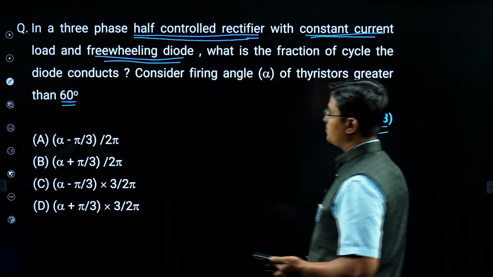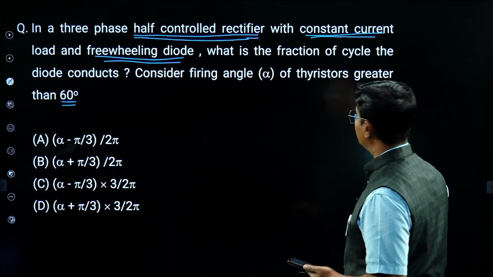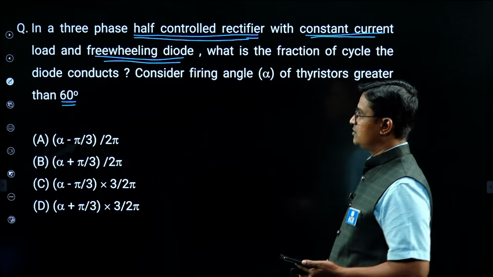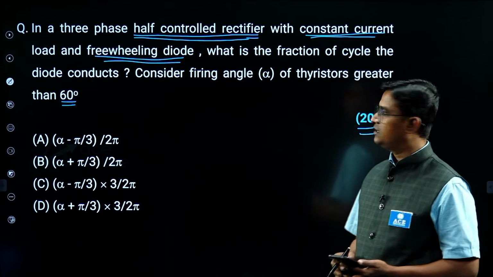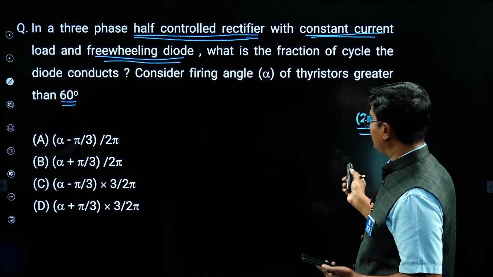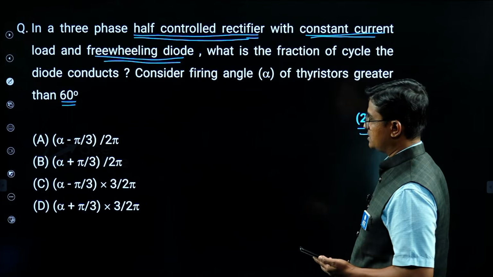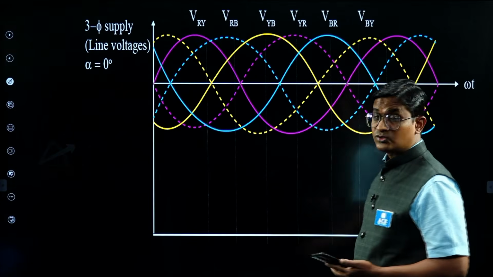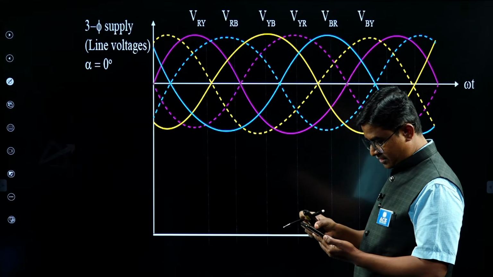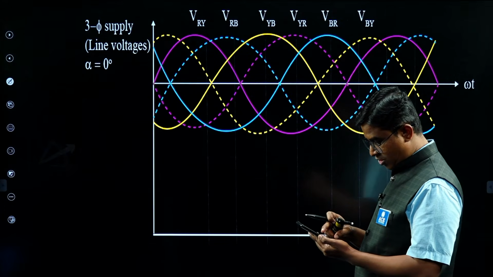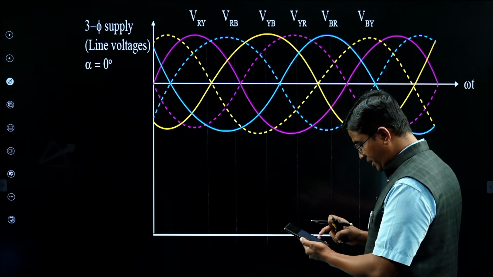What is the fraction of cycle the diode conducts? For how much fraction of the cycle does your diode conduct, they are asking. Alpha is greater than 60 degrees. Three-phase half controlled means three-phase semiconverter. Tell me, in a three-phase semiconverter, how many SCRs and how many diodes are used?